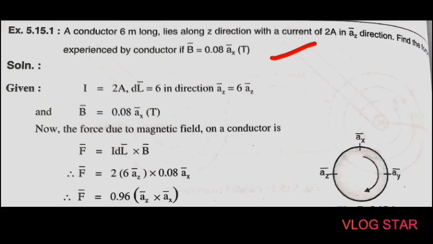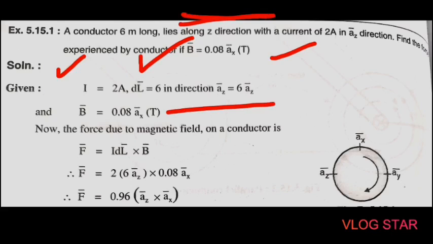So write down first the given data. Here the value of I is given, that is 2 ampere. Then the differential length is given, that is 6 meter, which is along the Z direction. So we can write here dl bar is equal to 6 AZ bar.